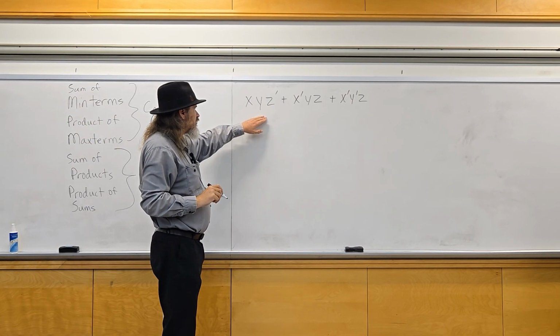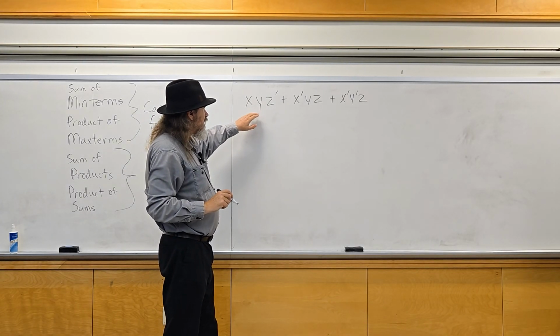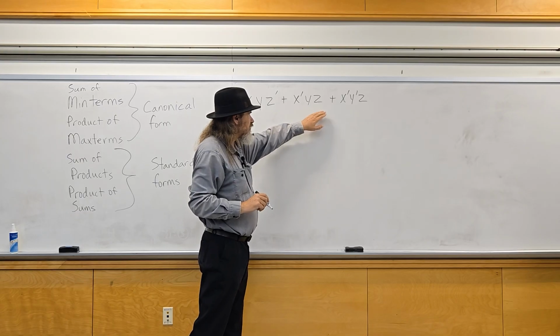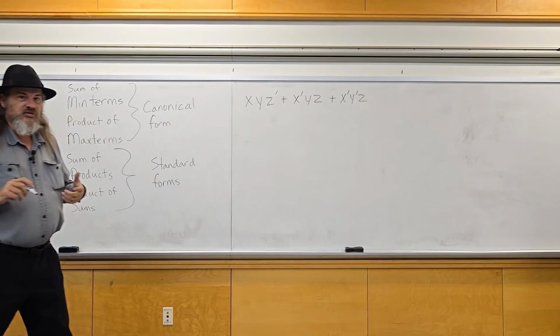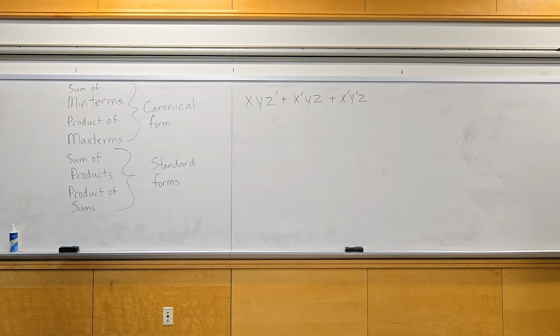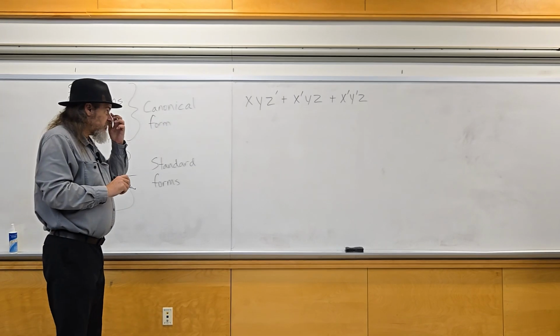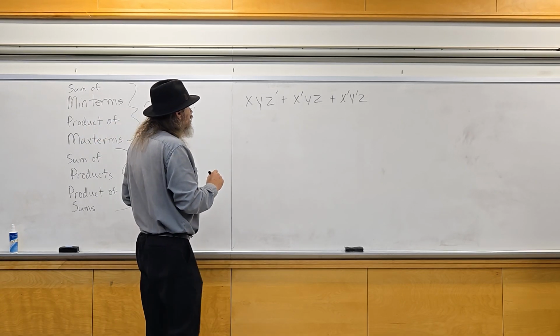It's a sum of min terms, and a min term has all the literals in each min term. So if there are three literals, every AND function and operation is going to have three literals in it. Whereas, let's see if we can reduce this here.